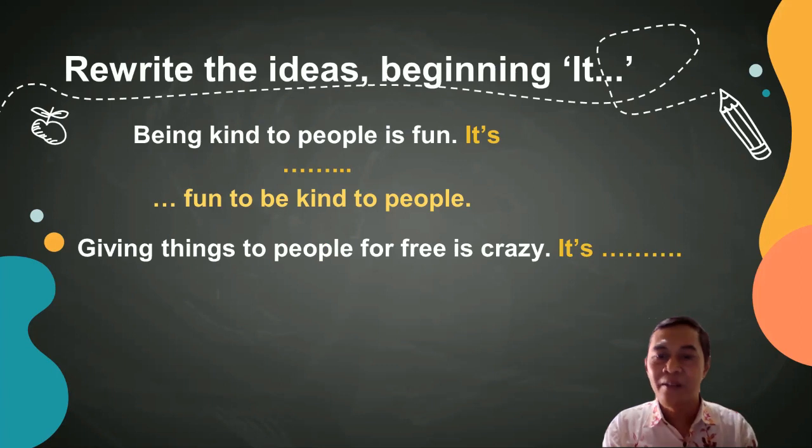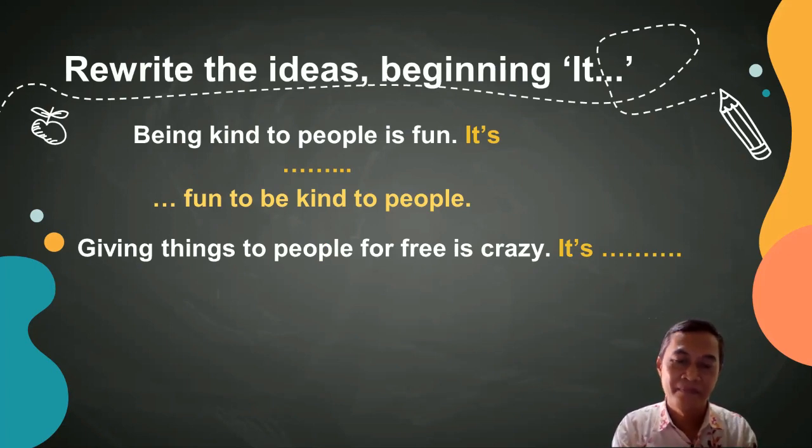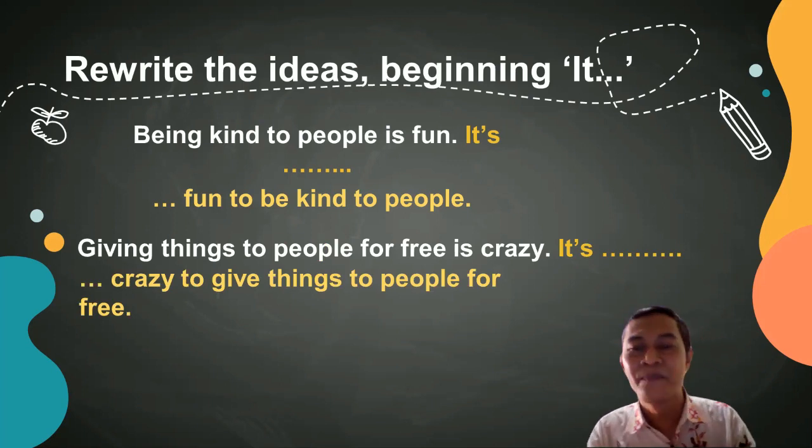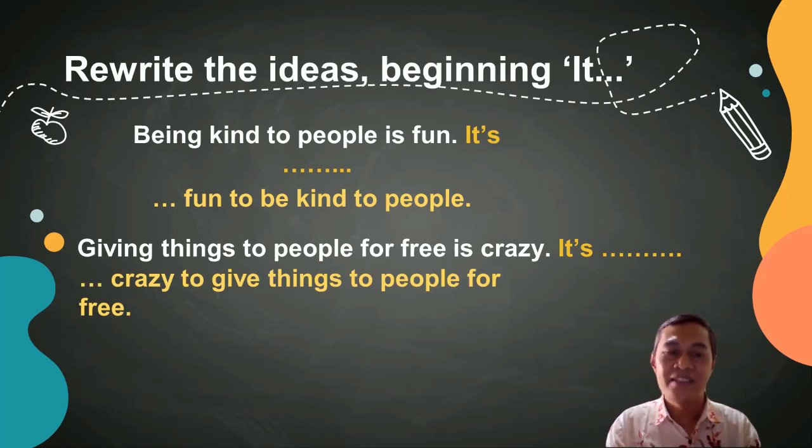It is or it's crazy to give things to people for free. Is that right? Okay, let's check. Yes, it's crazy to give things to people for free. Okay, that's a very good sentence, I think.